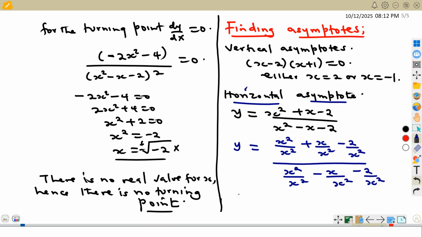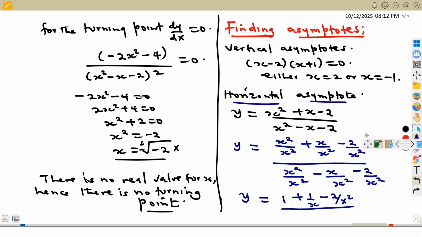So from here, y is equal to 1 plus 1 upon x minus 2 upon x squared, divided by 1 minus 1 upon x minus 2 upon x squared. So this is the procedure that we shall follow to get the horizontal asymptote.